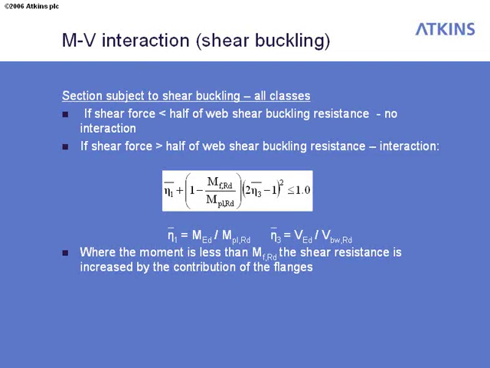But if the shear force is greater than half the web shear buckling resistance, you do have an interaction, and the interaction is shown in this equation on the slide. And you have to apply these different ratios. So N1 bar is the ratio for the moment resistance, and N3 bar is the interaction from the shear resistance.